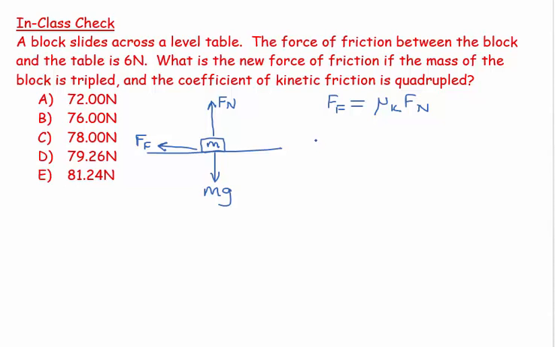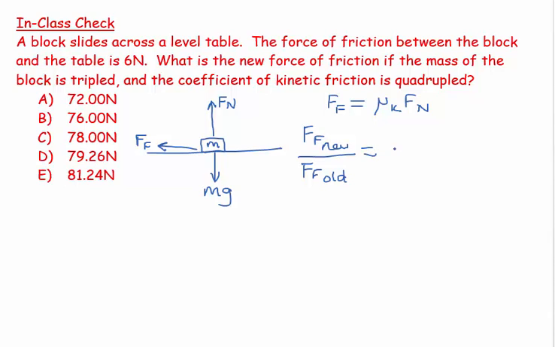The easiest way to do these, in my experience, is to set up a ratio. So I'm going to say Ff new, and I'm going to write "new" because I don't want to put n down because I've got an Fn over here. So Ff new over Ff old.